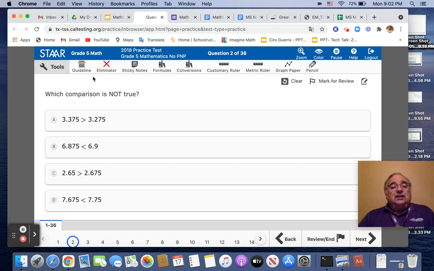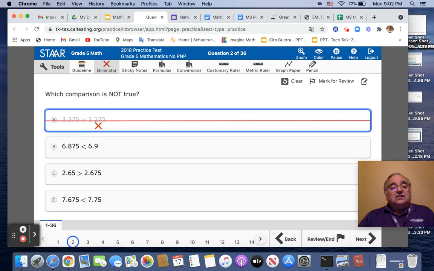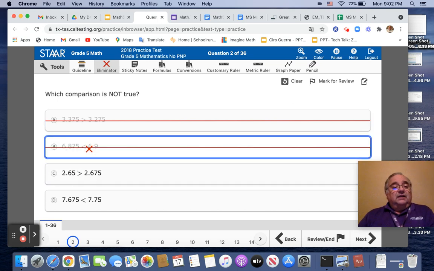Welcome back. I hope that you said you will be using the eliminator, because you're looking for which comparison is not true. I know that 3 and 375 thousandths is larger than 3 and 275 thousandths, so I'm going to eliminate that. I know that 6 and 875 thousandths is less than 6 and 9 tenths, so I'm going to eliminate that.